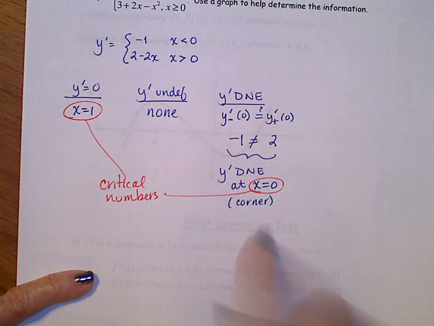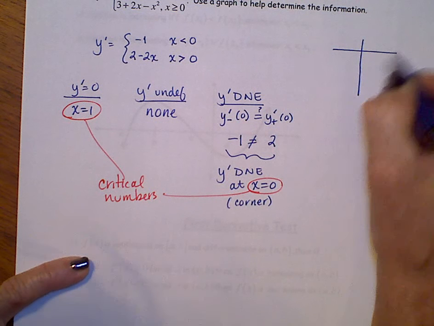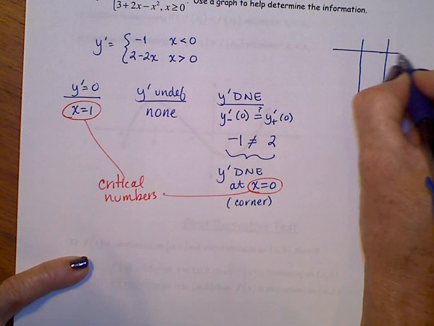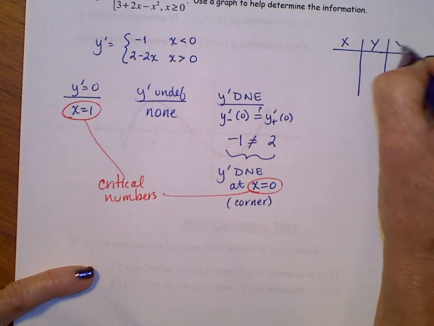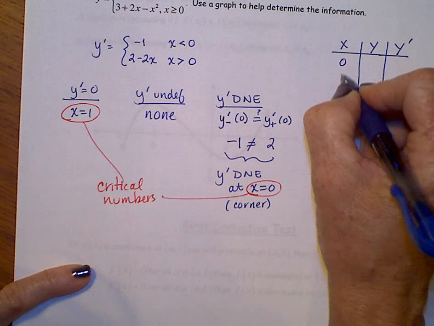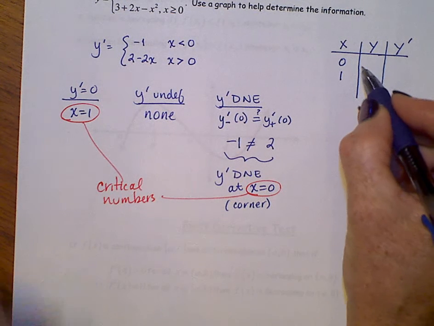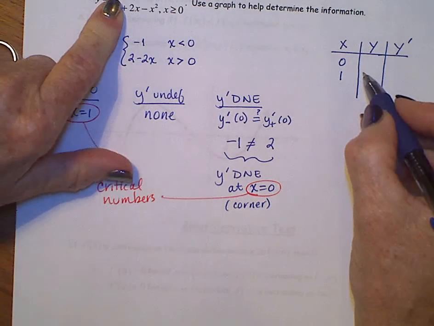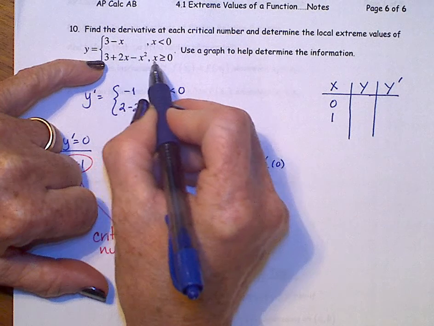So once we have our criticals, then we're going to go set up our t-chart. Actually, it's a little bit bigger t-chart here. We have x, y, and y prime. Our critical numbers, 0 and 1. All right, the y value. The y value at 0, 0 gets plugged into this piece, and that's going to give us a 3.